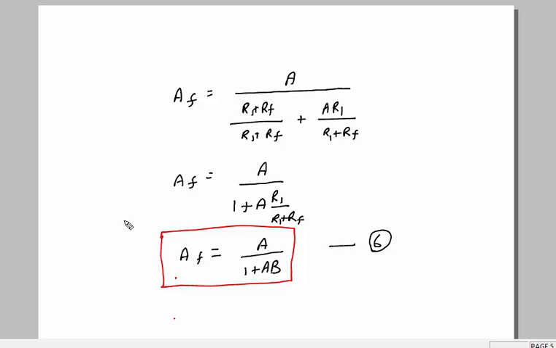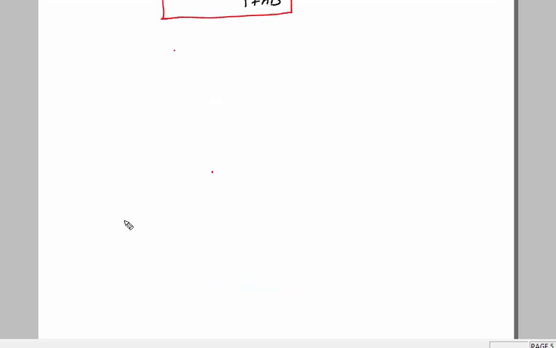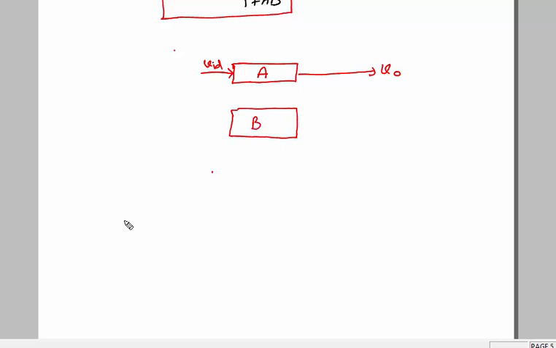Okay, so this equation 6 can be represented as a block diagram this way. What we have here is A, which is the main amplifier. For this we have input VID and output V0. Then we have a feedback network B, which is taking some part or all part of the output V0.